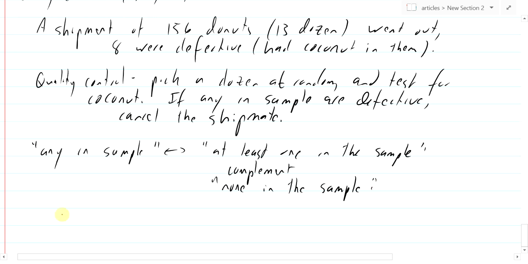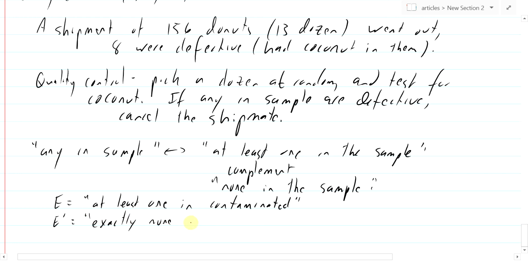What's the probability if we set E to be at least 1 is contaminated, then E prime is exactly none. Exactly none are contaminated.